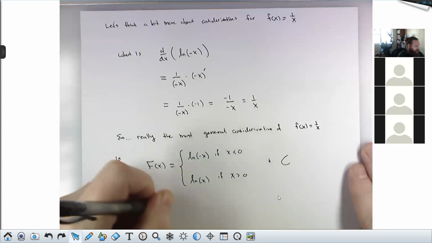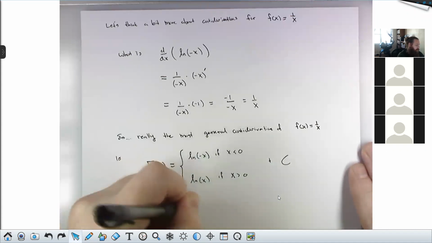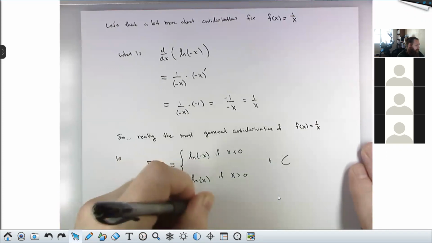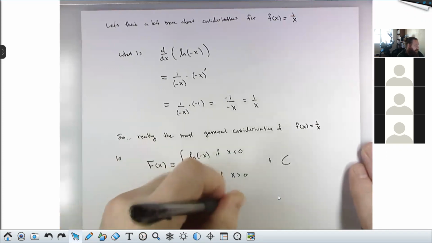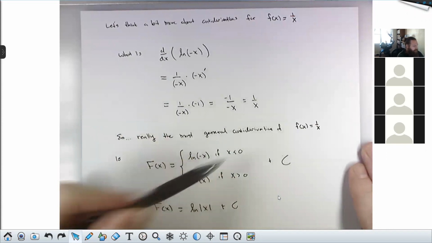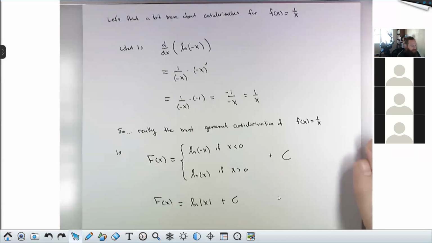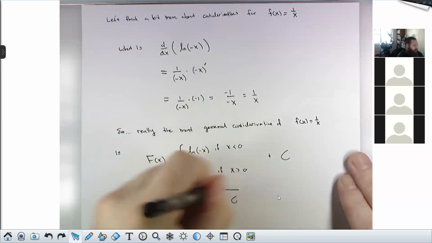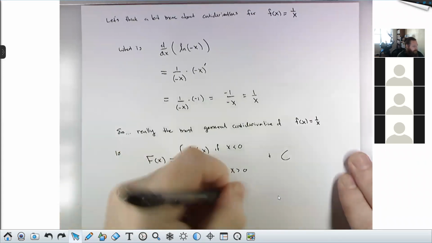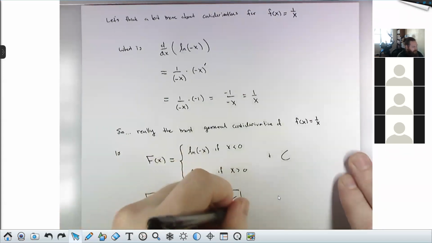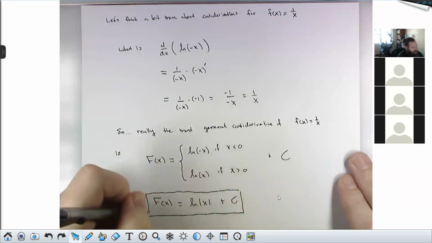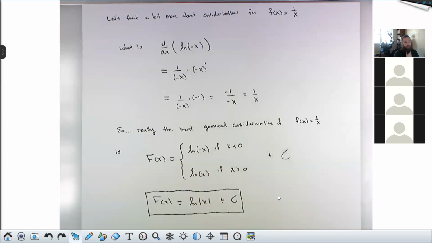What we write instead is the natural log of the absolute value of x. Because negative x if x is negative, positive x if x is positive, that is the absolute value function. So this is the result that we want to discover for 1 over x.